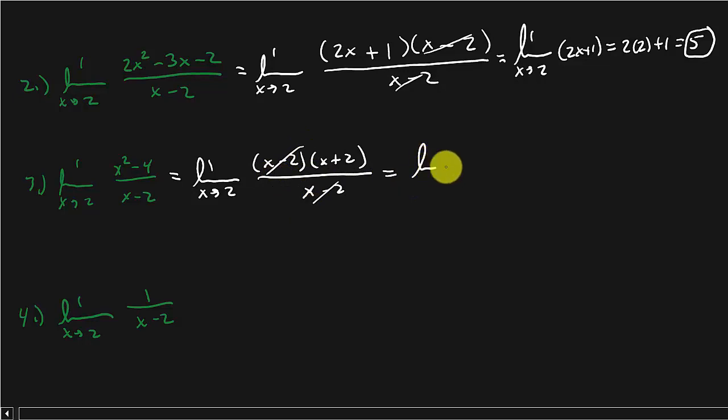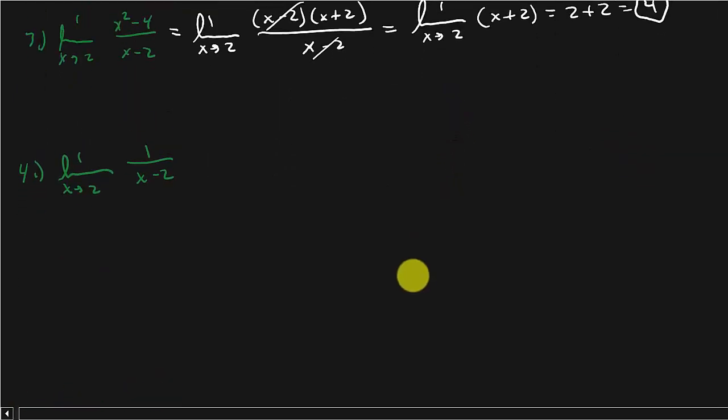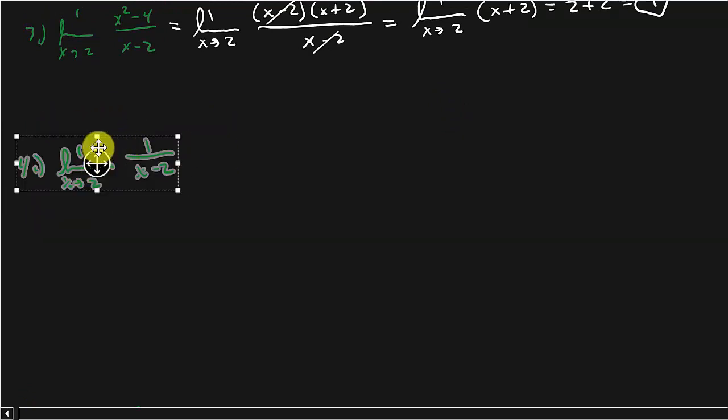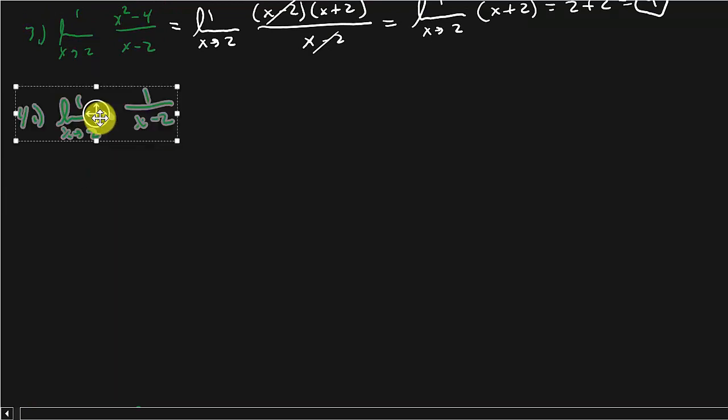So I'm left with the limit as x goes to 2 of x plus 2. And now I can plug the 2 in. So I get 2 plus 2 is 4. Let me move this up some, to make sure I've got enough room.